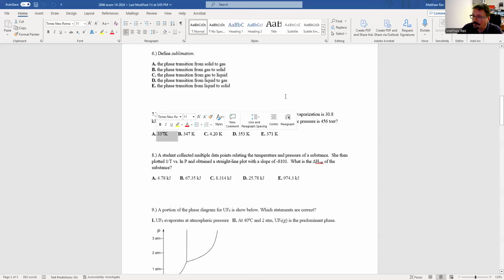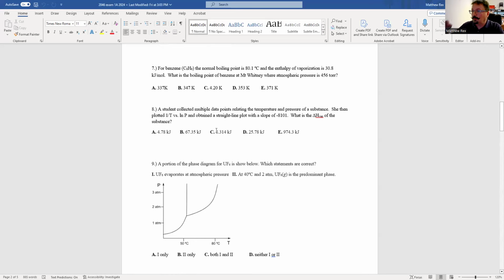Back to the exam. So answer A for version A there, 337. A student collected multiple data points relating to temperature and pressure of a substance. She then plotted 1 over temperature versus natural log of pressure and obtained a straight line plot with a slope of negative 8,101.